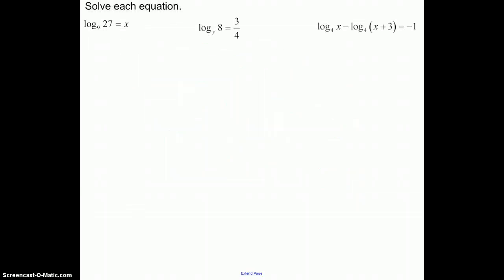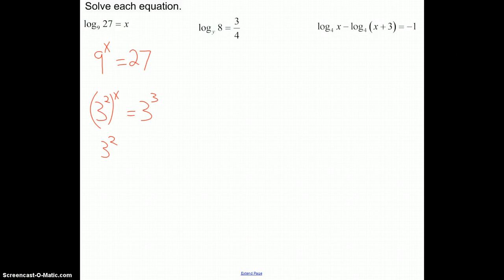All right, to solve a logarithmic equation, usually what you need to do, looking at these first two examples, it's usually easier to rewrite it exponentially. 9 to what power gives you 27. So this looks just like the problems that you were doing for section 2.4. 9 and 27, they are related. 9 is 3 squared, that's to the power of x. 27 is 3 to the third power.